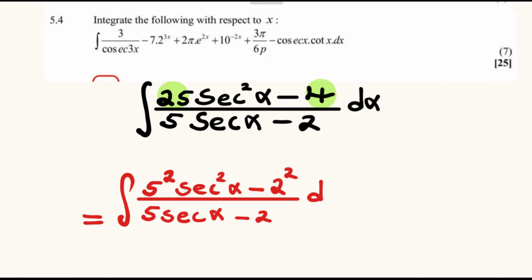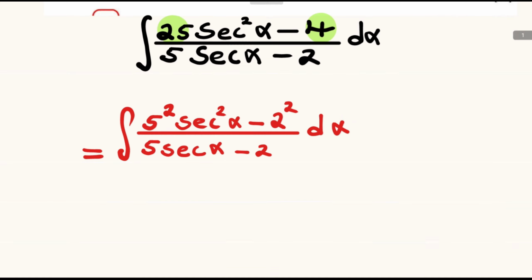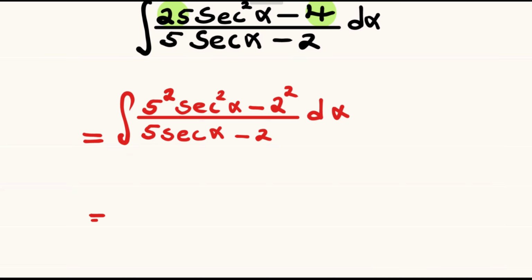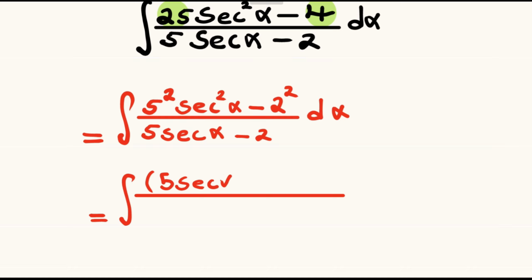minus 2 the alpha, and we can further rewrite this as the integral into 5 multiplied by sec alpha all squared minus 2 squared, and this is divided by the 5 multiplied by sec alpha minus 2 the alpha.